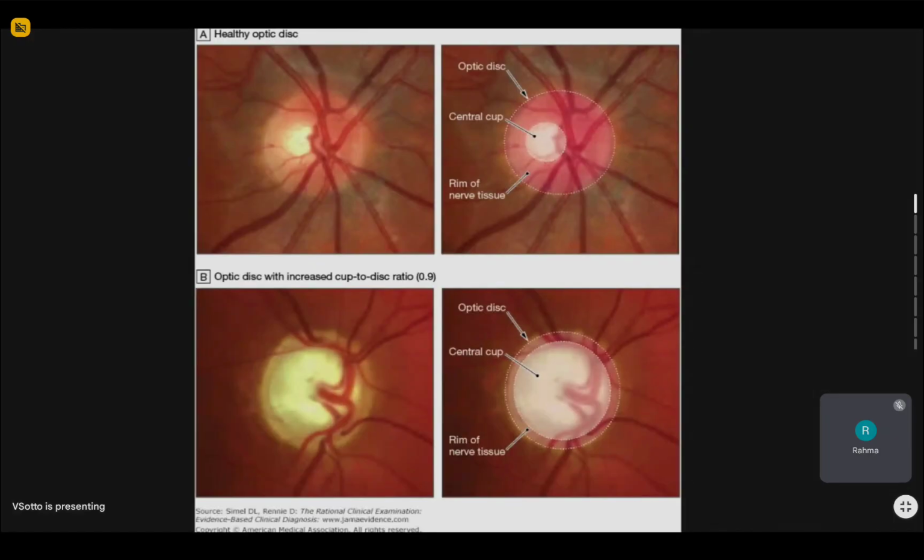The normal would be 0.3 to 0.5, and in abnormal cases, such as in patients with glaucoma, you'll be seeing an increased cup to disc ratio of around 0.9. There is a large cup in relation to the disc. So we estimate it as 0.9, the ratio of the cup divided by the disc. Normally, it's just 0.3 to 0.5.